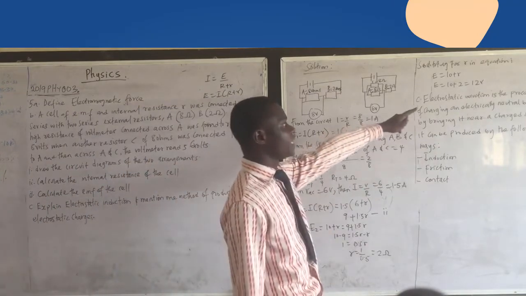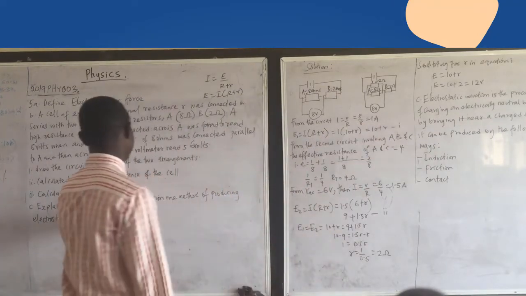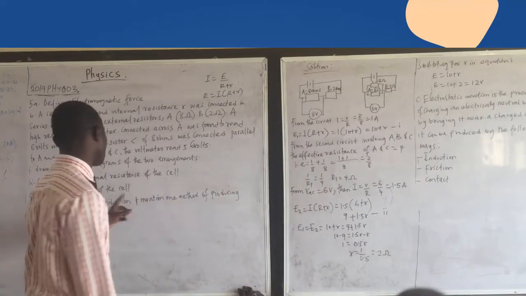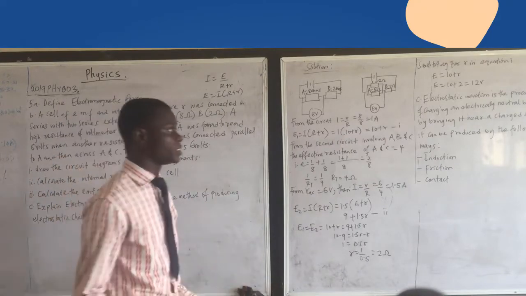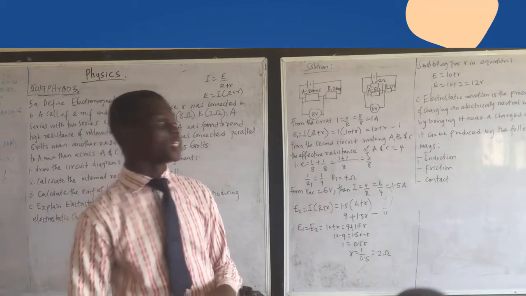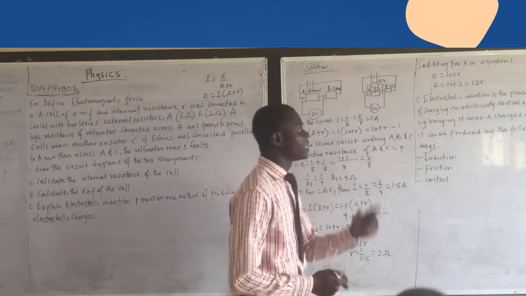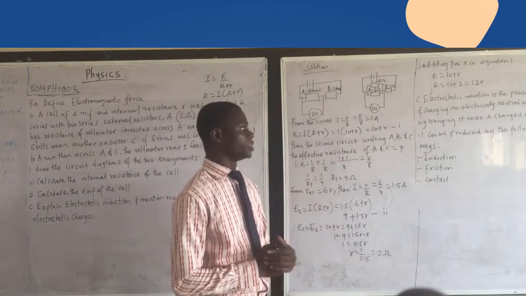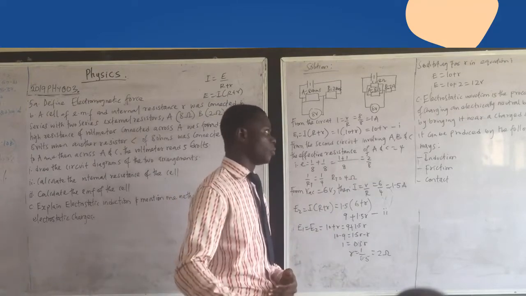The next question says electrostatic induction. Explain electrostatic induction and mention one method of producing electric charges. When you talk about electrostatic induction, it's just the process of charging an electrically neutral body by bringing it near a charged body.